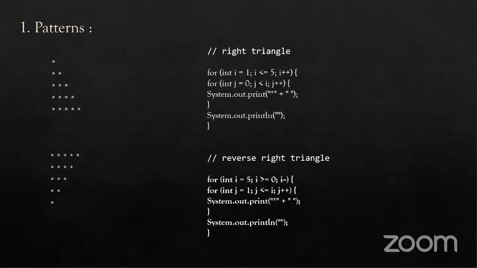First of all, the most commonly asked pattern is the right angled triangle pattern. We can implement this pattern using loops. Using a for loop we can implement the triangle shape.